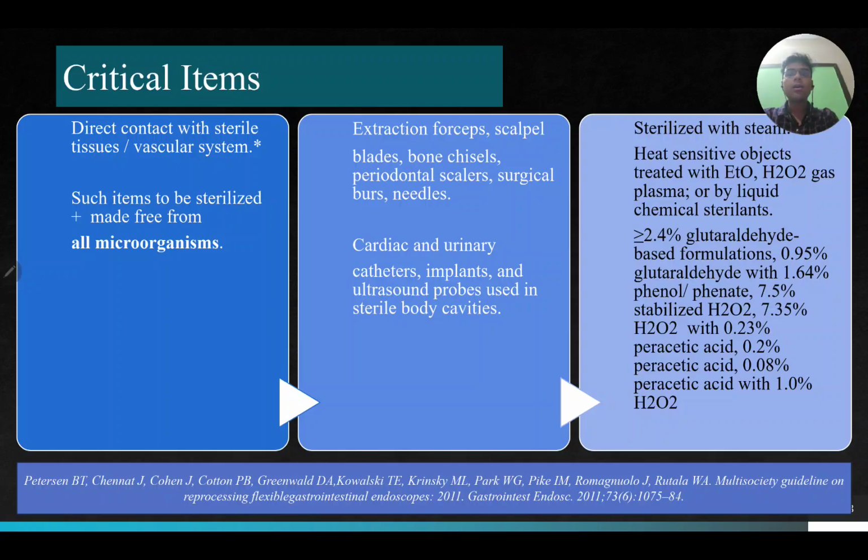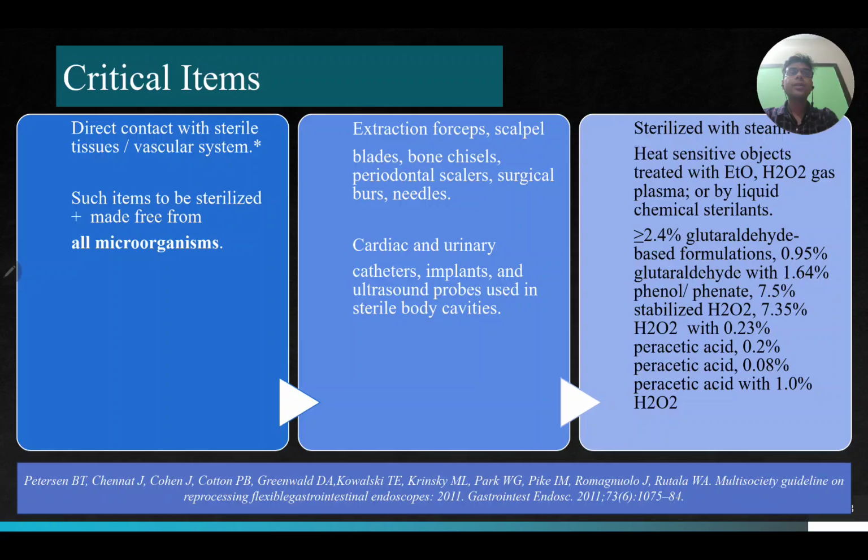Some examples of critical items include extraction forceps, scalpel blades, bone chisels, periodontal scalers, surgical burrs, needles. Some instruments from the medical aspect are cardiac and urinary catheters, implants, and ultrasound probes used in the sterile body cavities.